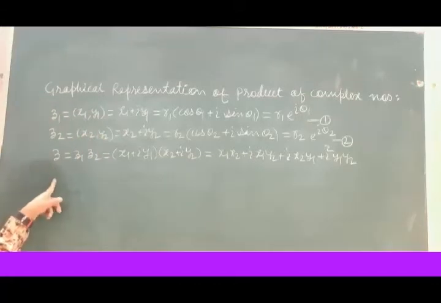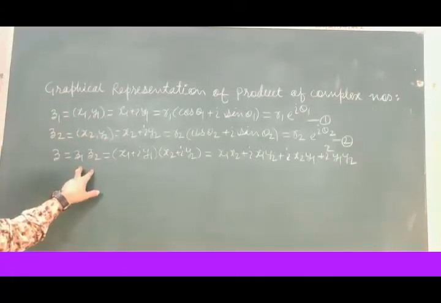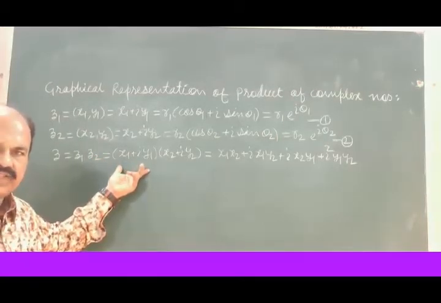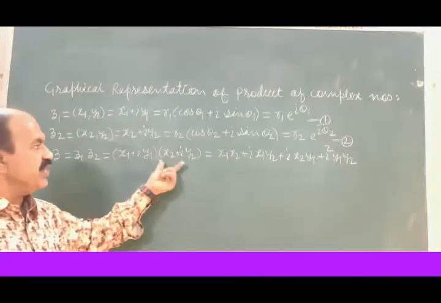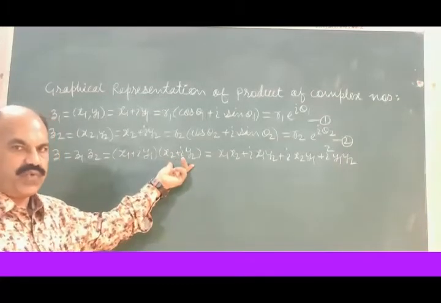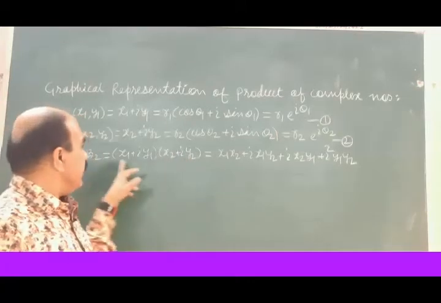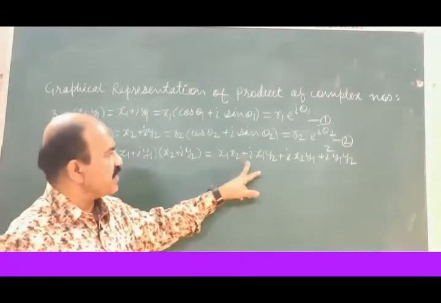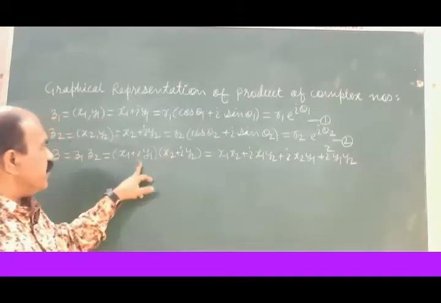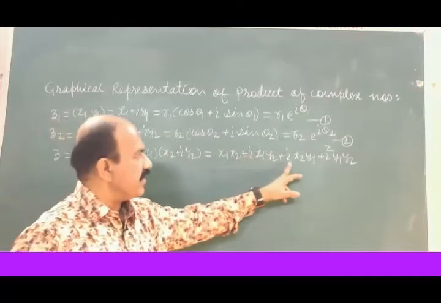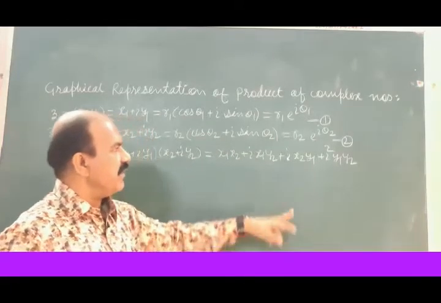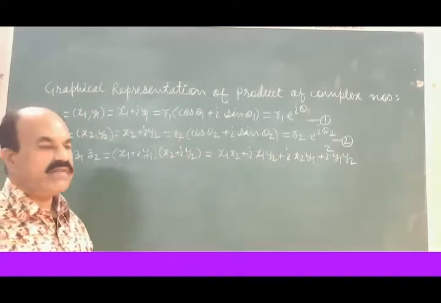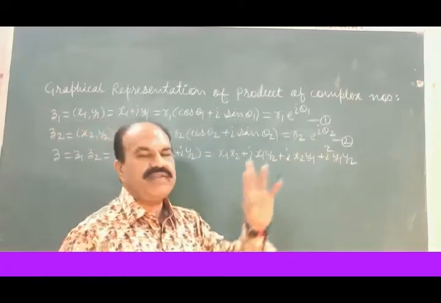Complex number z, which is product of complex numbers z1 and z2, is equal to in one bracket z1, that is x1 plus I y1, into in the second bracket z2, that is x2 plus I y2: x1 into x2, x1 into I y2, that is plus I x1 y2, x2 into I y1, that is plus I into x2 y1, plus I y1 into I y2, that is I square y1 y2.